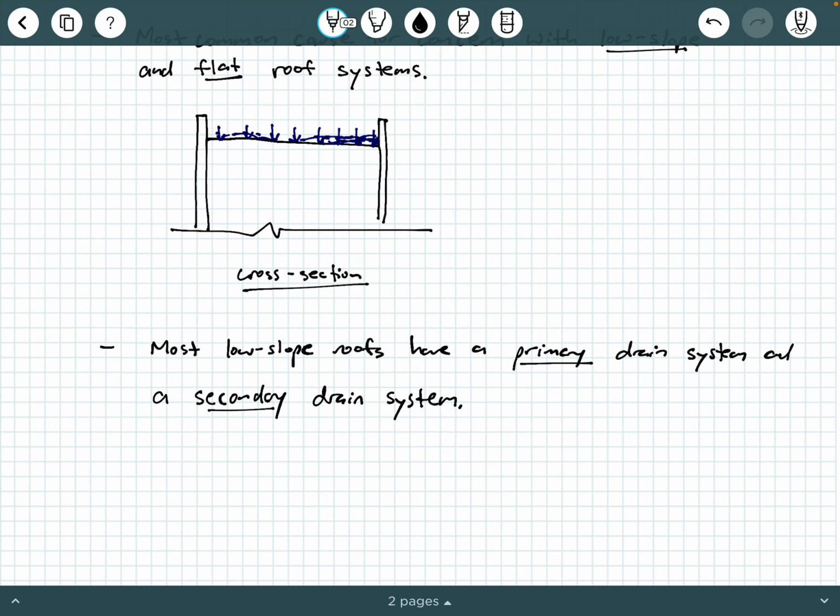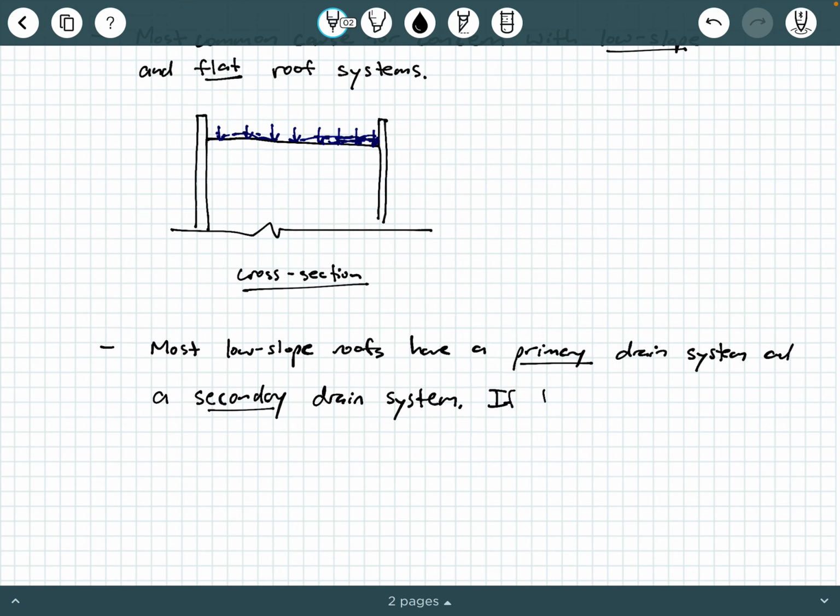System, there we go. So if the primary system becomes clogged or blocked with debris, then you're going to need to rely on the secondary drain to drain the excess rainwater off. Okay, so let's make a note of that.